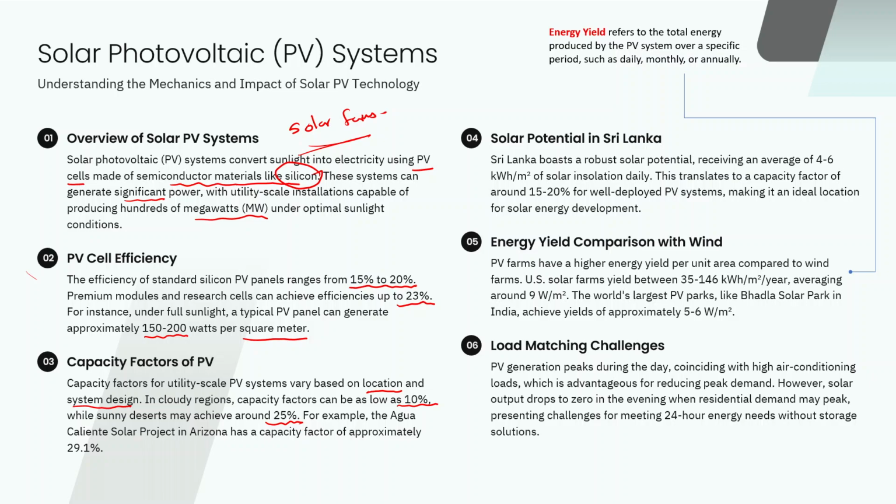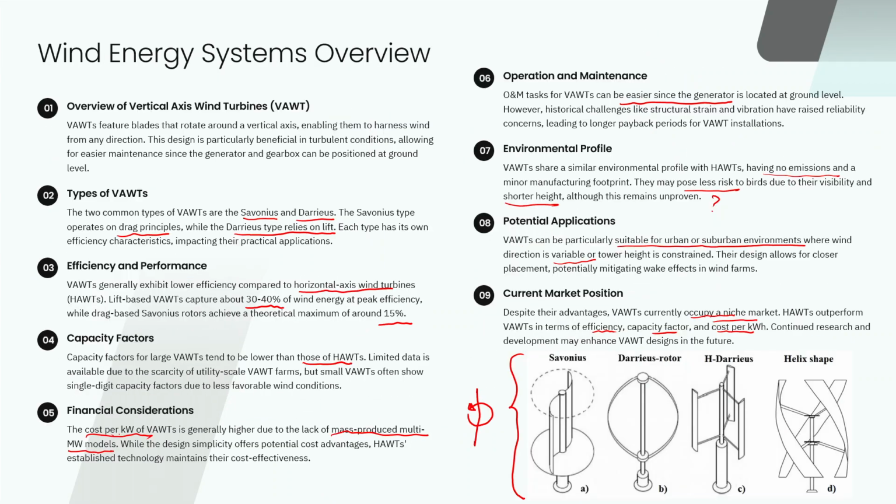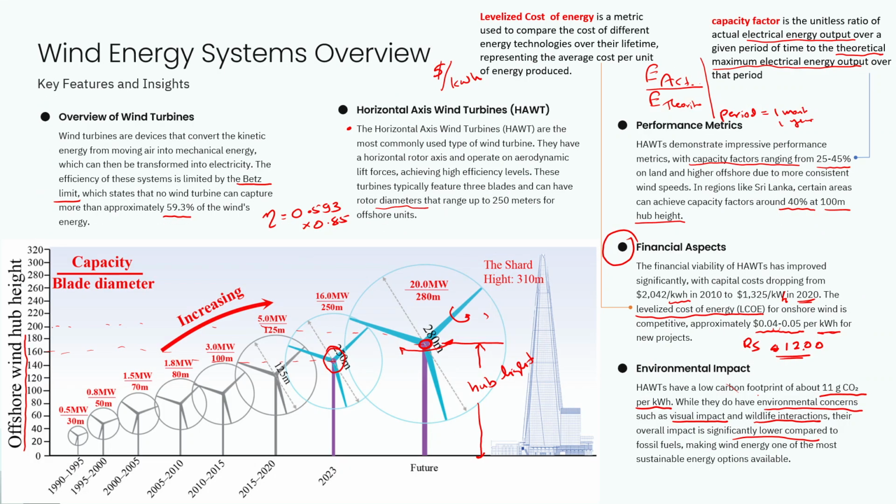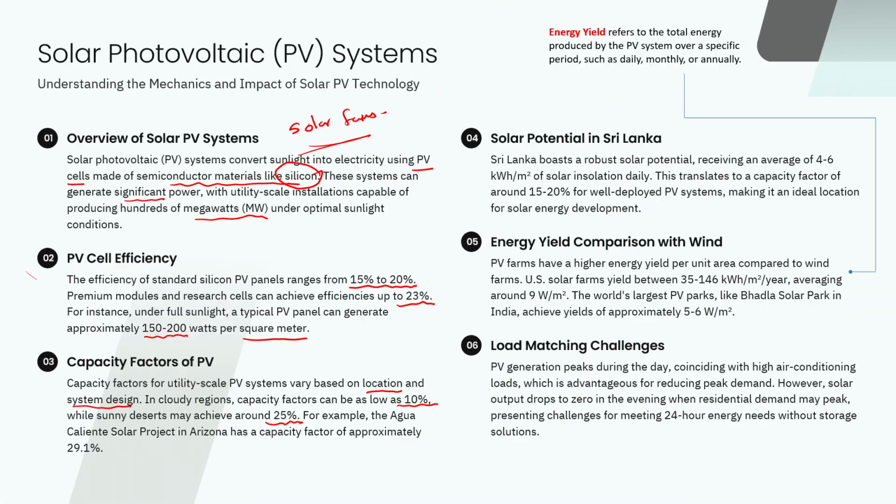So if you forgot what the capacity factor is, it's basically the actual energy produced divided by the theoretical maximum energy that can be produced, right? So utilization, you can basically think about it like that.